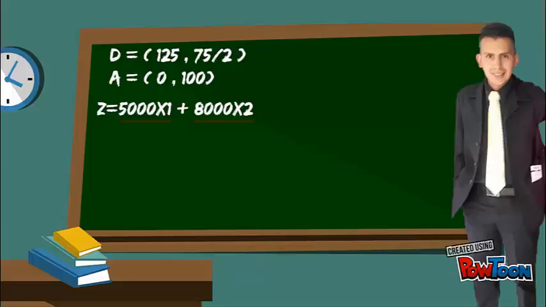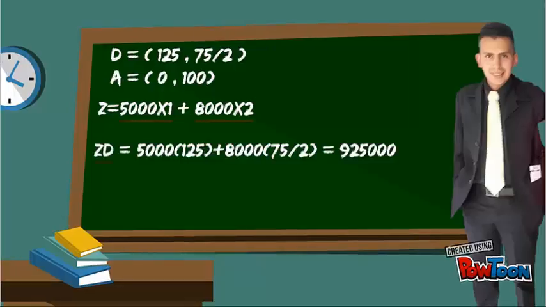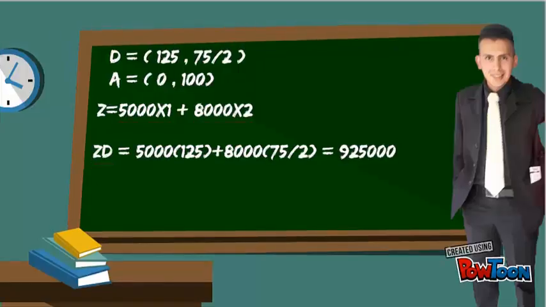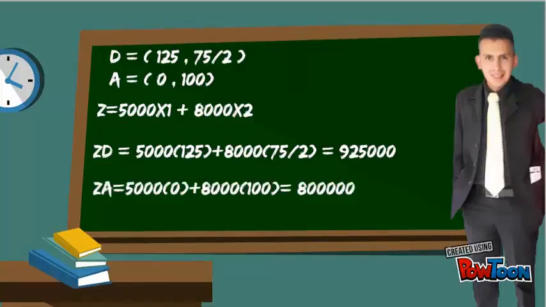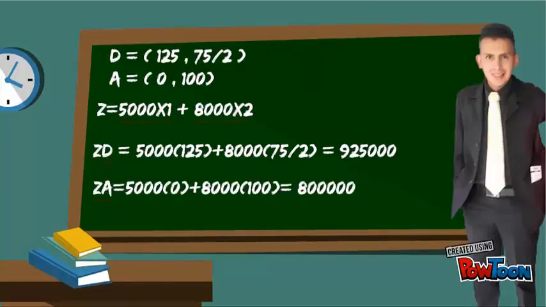CD equals 5,000 multiplied by 125 plus 8,000 multiplied by 75 million, equals 925,000. CA equals 5,000 multiplied by 0 plus 8,000 multiplied by 100, equals 800,000.